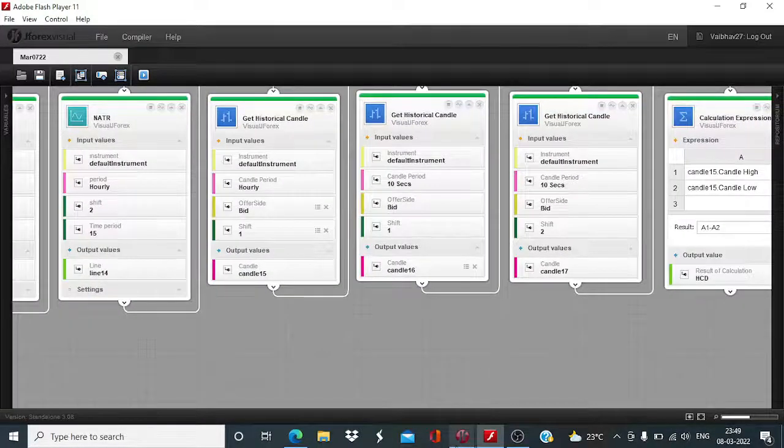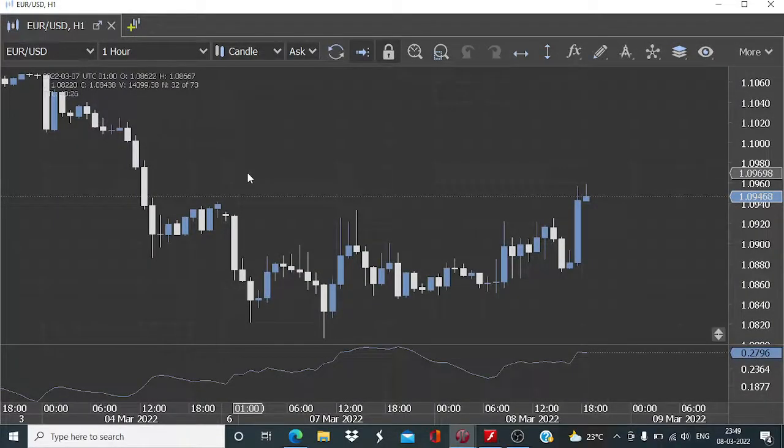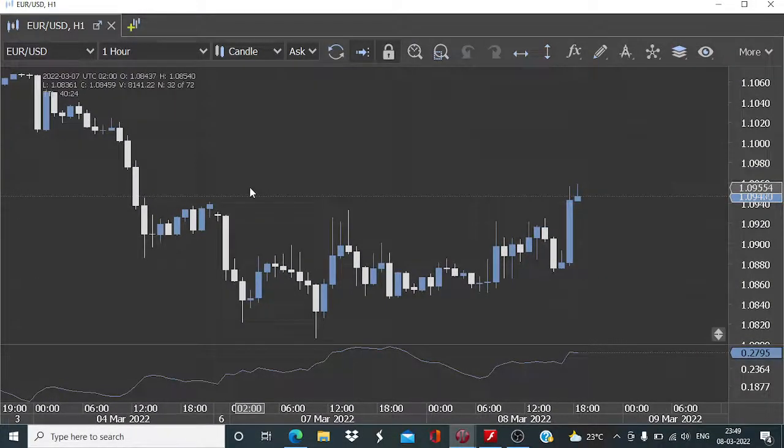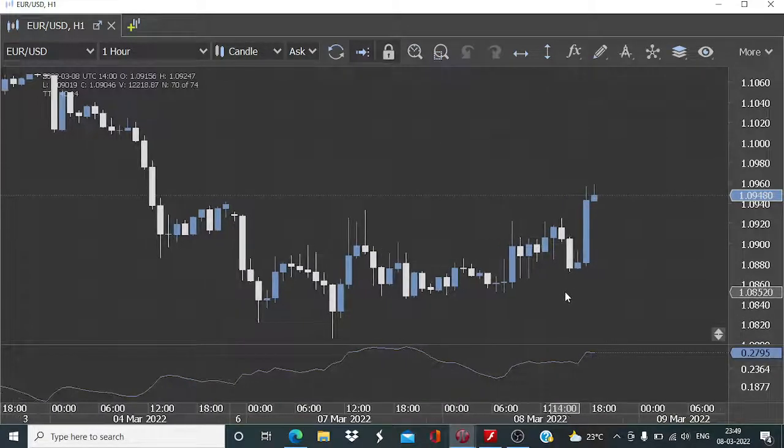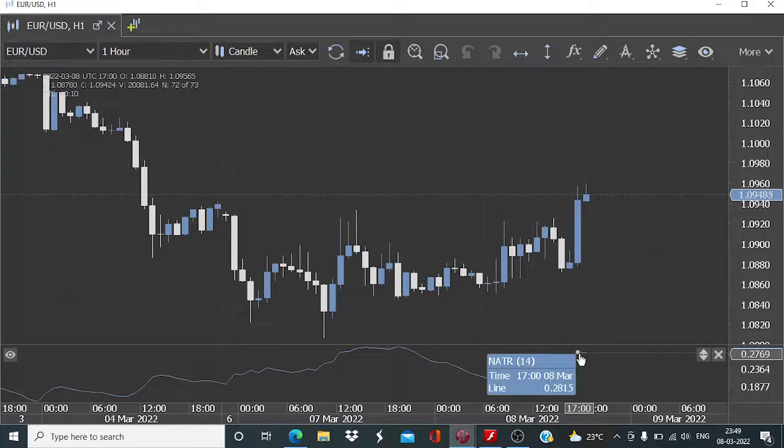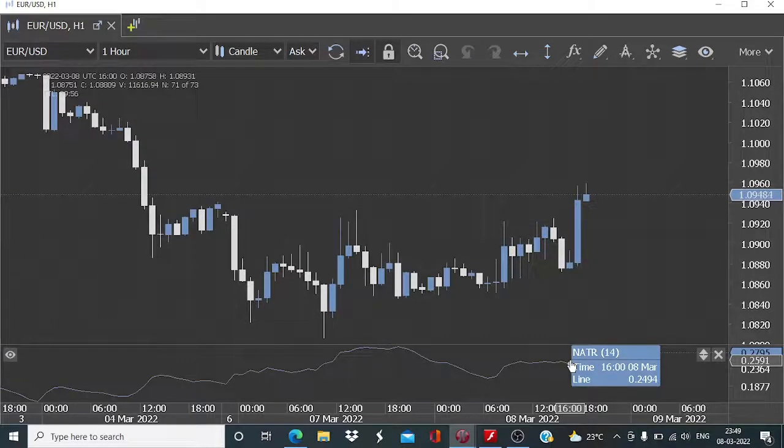Now let us head to the JForex platform, where I will give you a refresher of what the logic is for the execution of the trade. The logic is fairly simple, as I had also explained in the last session. We will be looking to initiate the buy trade when we see that the NATR value has jumped by at least more than 0.02 points. So we will be calculating the difference between the last hourly candle's NATR and the penultimate hourly candle's NATR.